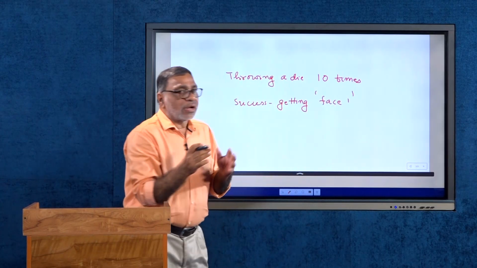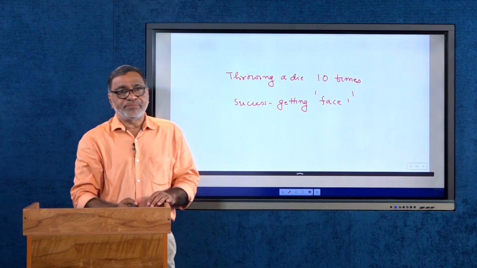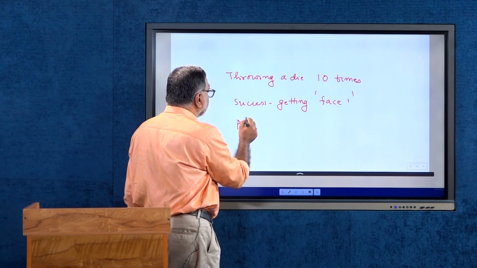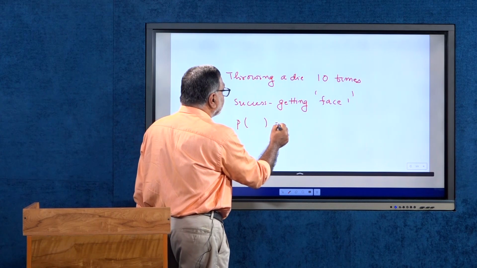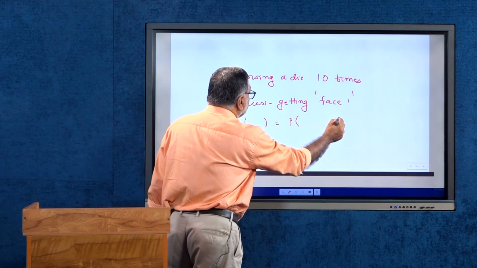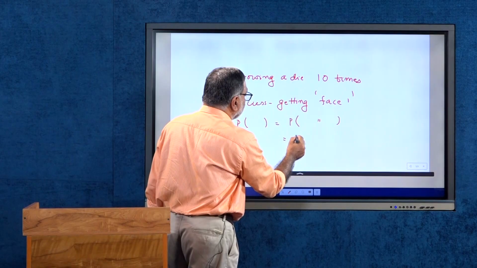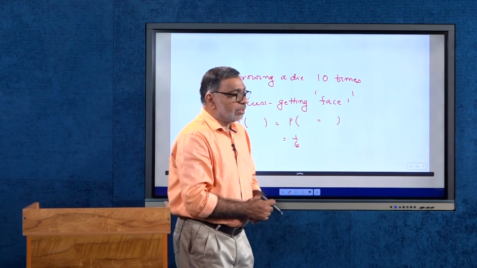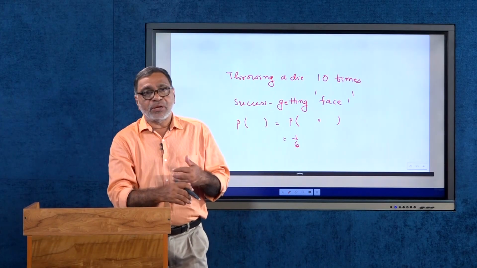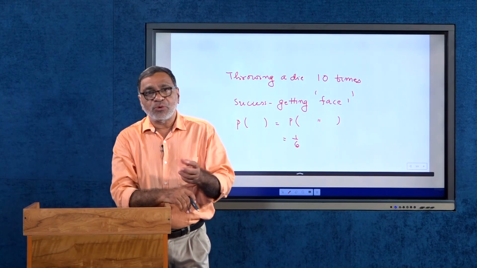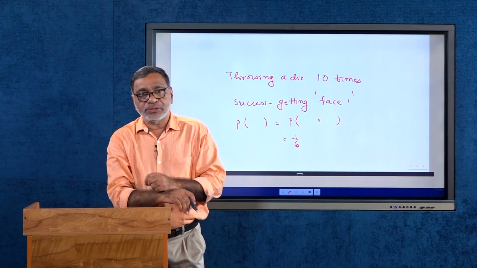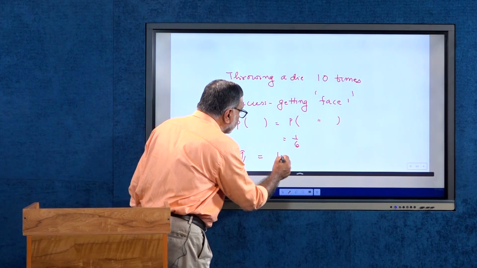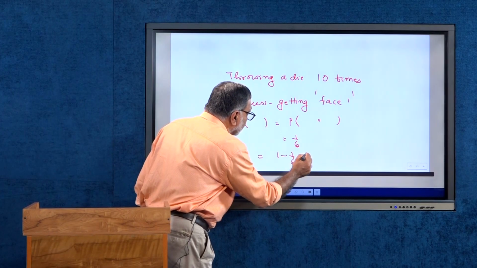So this is the definition of success here. What is the probability of getting success? Probability of getting face 1 is equal to 1 divided by 6, because there are 6 cases, face 1, face 2, face 3 up to face 6, and out of this only one is favorable, that is 1 by 6. So what is q, the probability of getting failure? 1 minus 1 by 6, that is equal to 5 by 6.